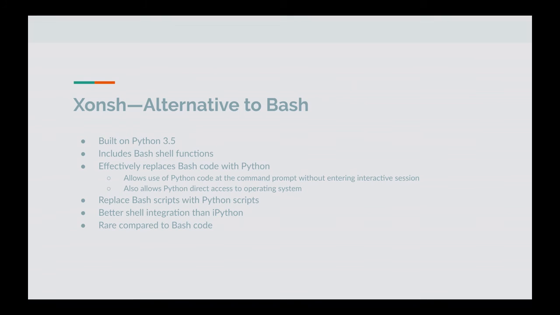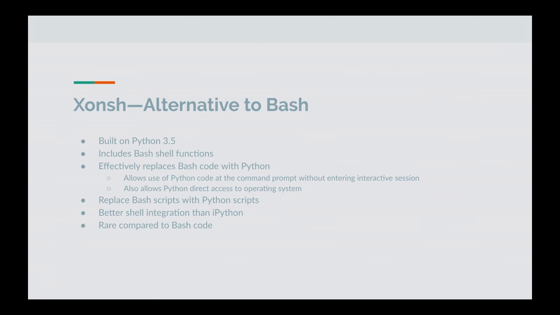So basically, if you don't want to use Bash at all, you can use Conch, and it uses Python 3.5 as its underpinning environment. It has a lot of the Bash shell functions, but you can also use just straight up Python right at the command line, and it will work for you.